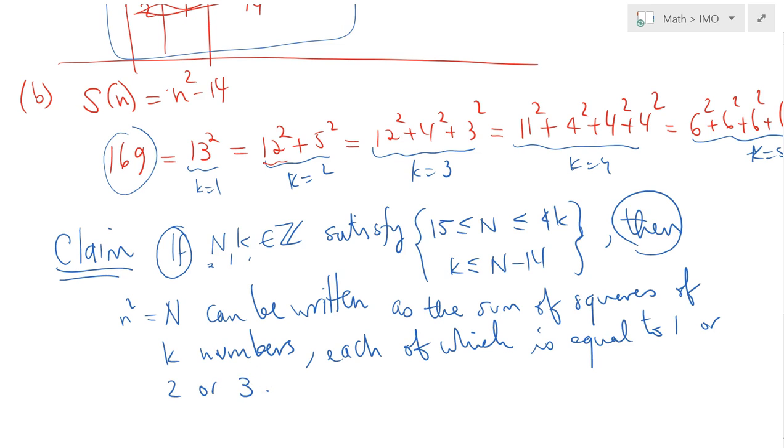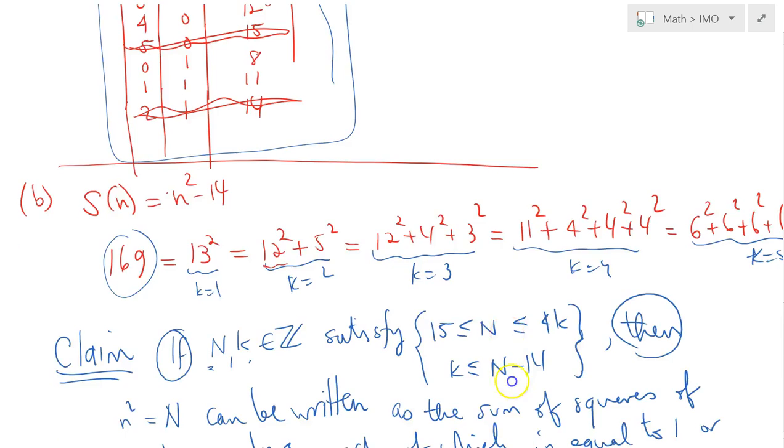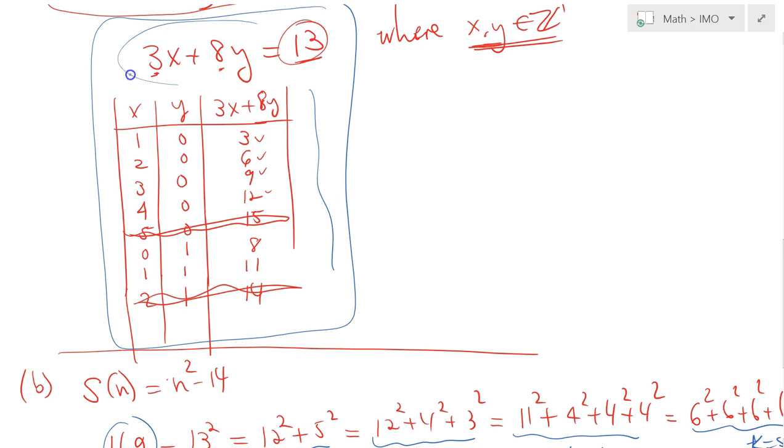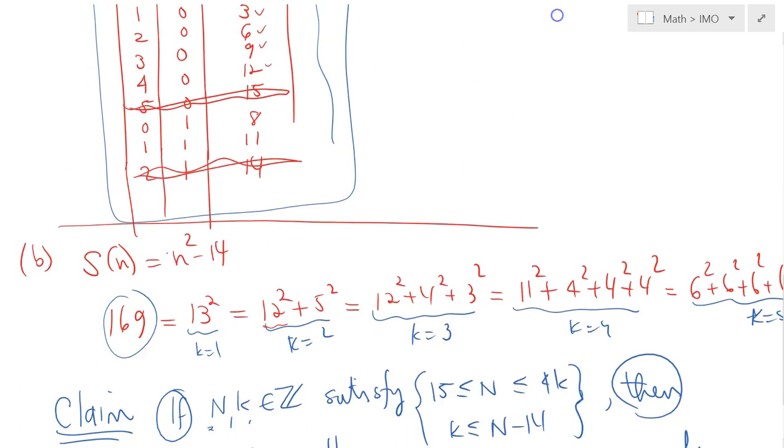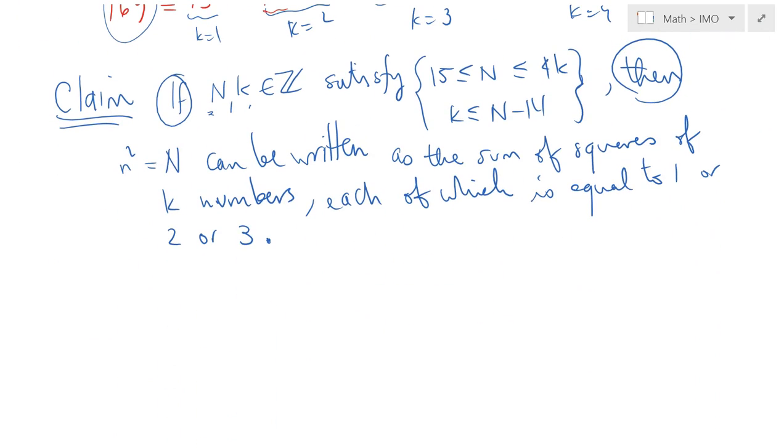So this is even stronger than what we had. We don't even have to bother trying a lot of things, but we can just focus our attention on 1s, 2s, and 3s, like I did here. For instance, I just focused my attention on what happens when I use 2s and 3s, in combination with a bunch of 1s. It turns out that this already eliminates a lot of things.